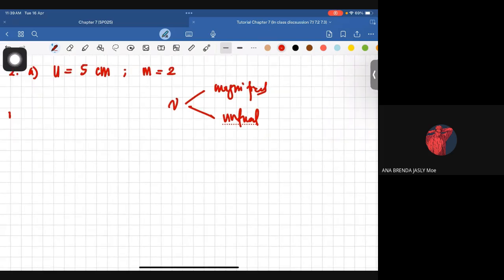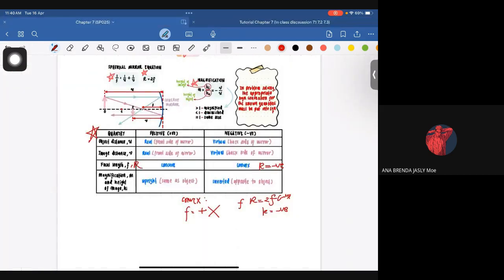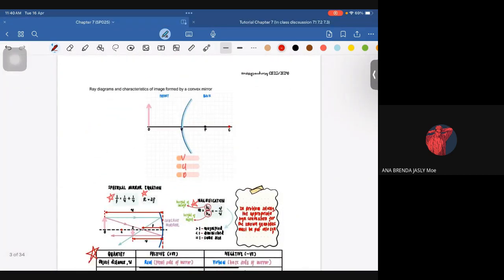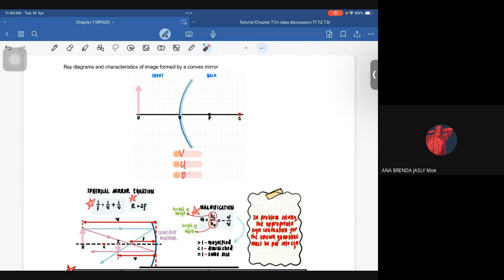Okay, so dari sini kalau kamu tengok kita punya nota, we only have convex atau concave lah. Tapi kalau kita refer untuk convex mirror, kita ada satu je case untuk convex mirror, which is VUD. So based on this kita boleh tahu it is not a convex mirror.